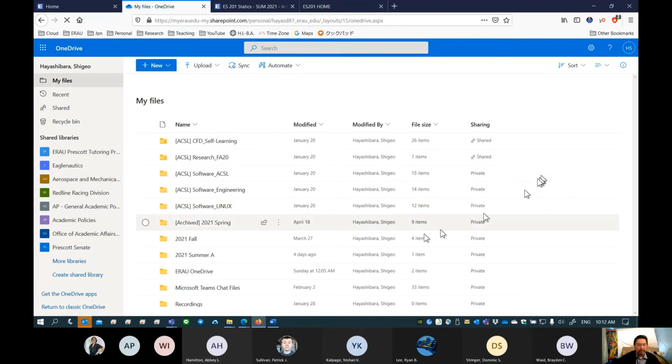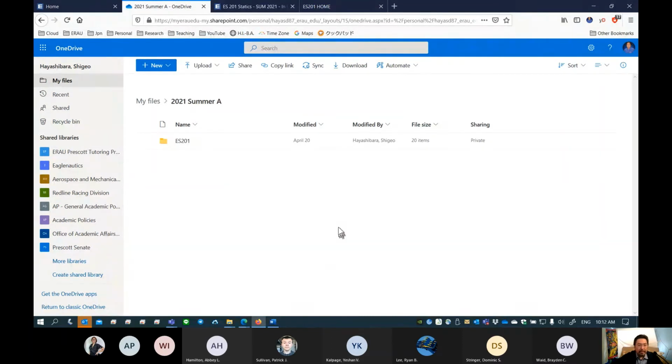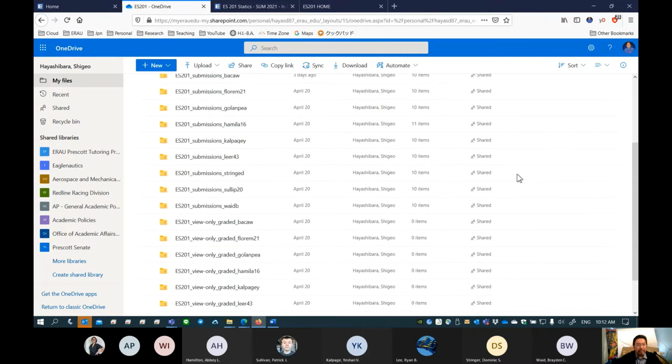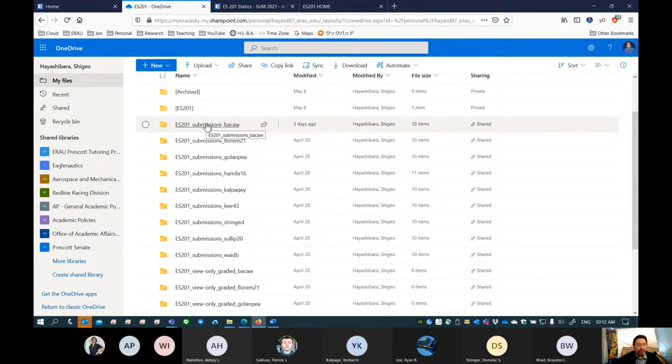So this is my OneDrive. I'm using quite a bit, but this is the summer A. So you're looking at my OneDrive, so don't get confused. I'm teaching ES201, right? So I created an ES201 folder here in my OneDrive. Within here, I created each student's file folder, 9 plus 9, total 18 file folders.